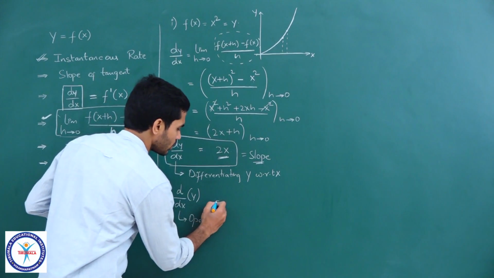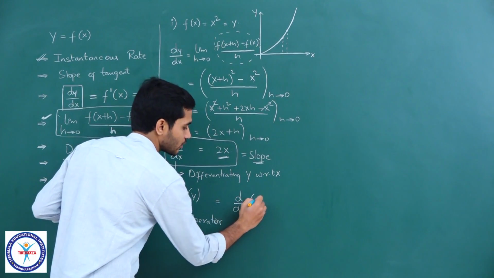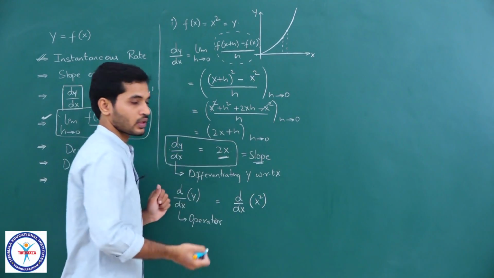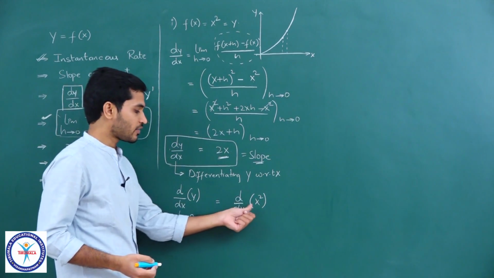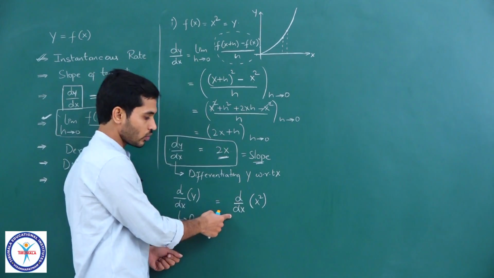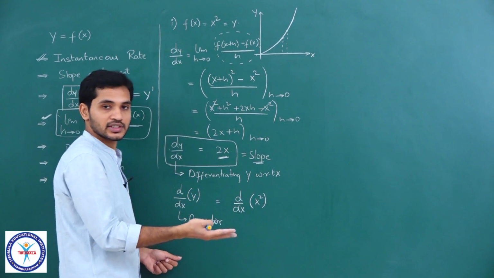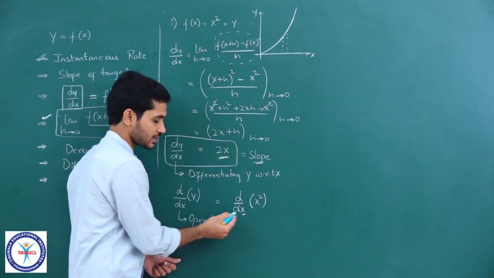For example, let us say I am putting d by dx in front of x square. Clear? When I am putting d by dx in front of x square, what I am actually doing is I am finding out how fast x square is changing when I am changing x.